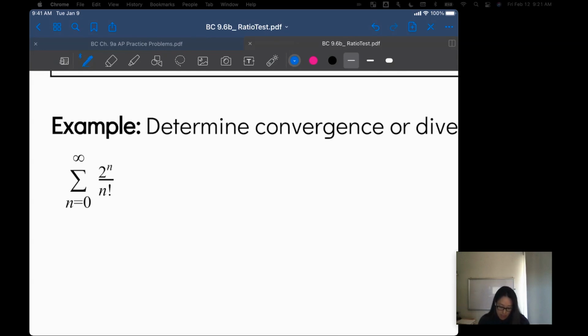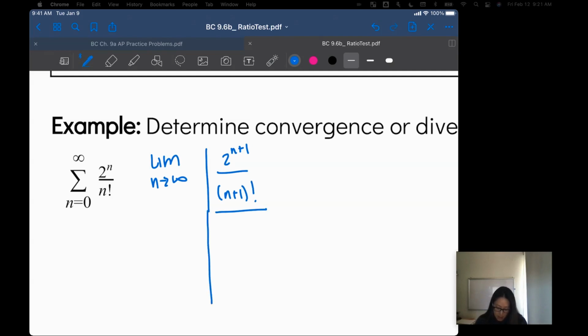So I'm going to take the limit as n goes to infinity of the next term. So it would be 2 to the n plus 1 over n plus 1 factorial divided by the current term, a sub n, so 2 to the n over n factorial.